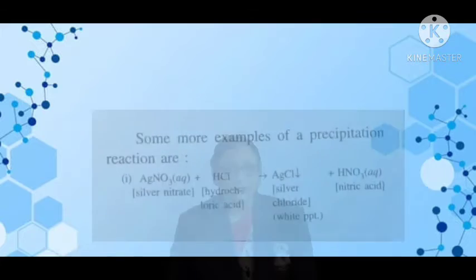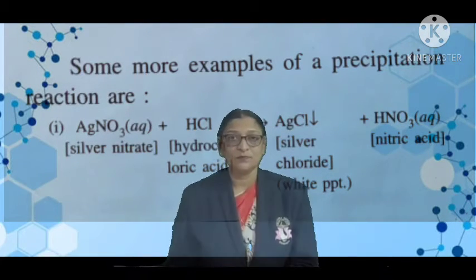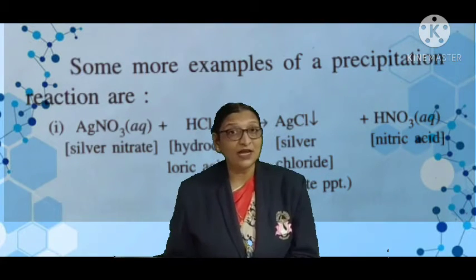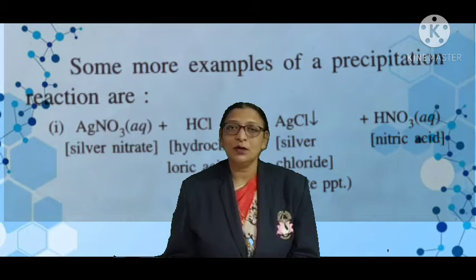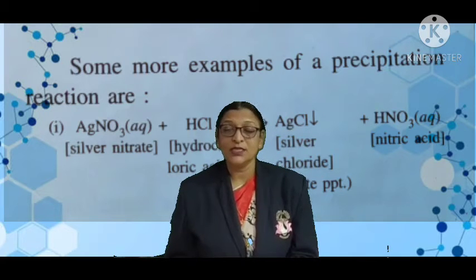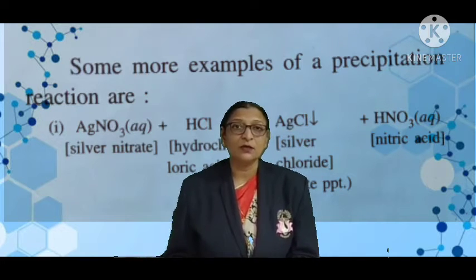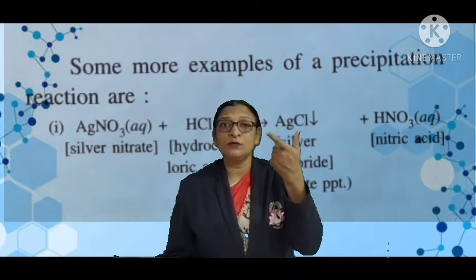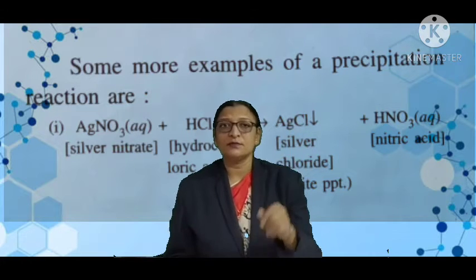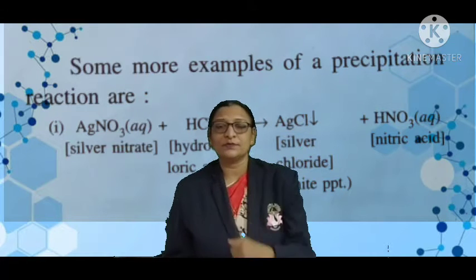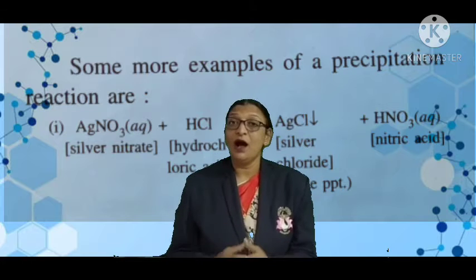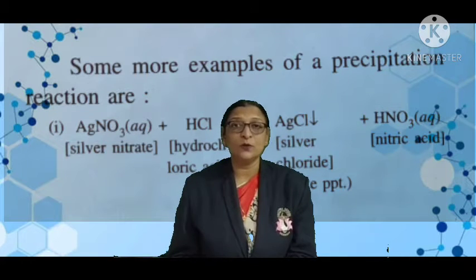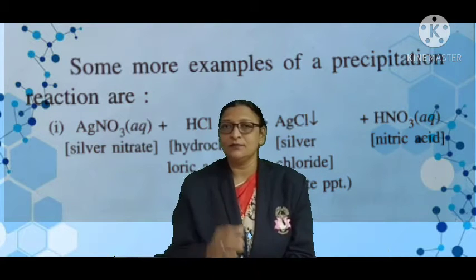The second example, solution of silver nitrate when allowed to react with solution of hydrogen chloride. The chemical reaction takes place. The radicals of silver nitrate separate as silver and nitrate, while the ions of hydrogen chloride also separate as hydrogen and chlorine.